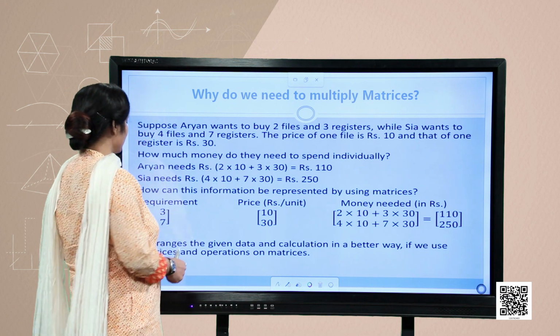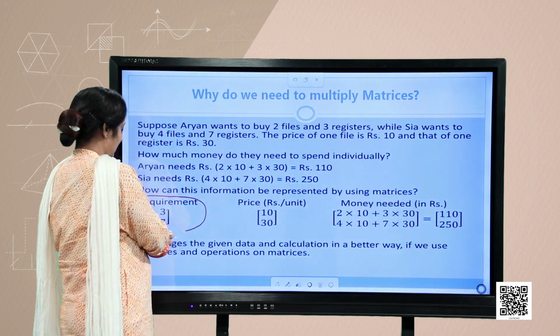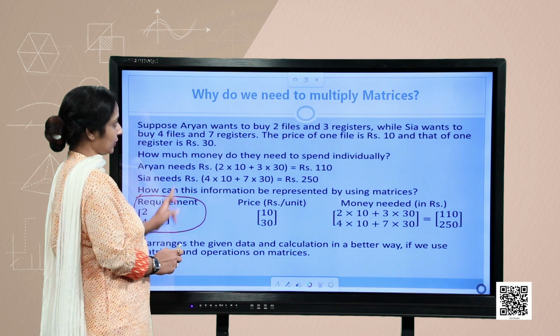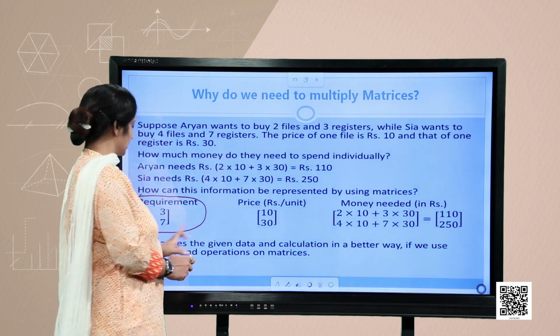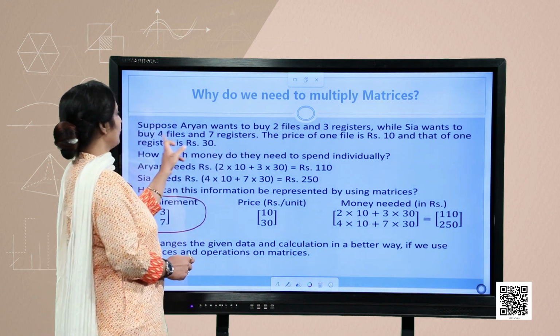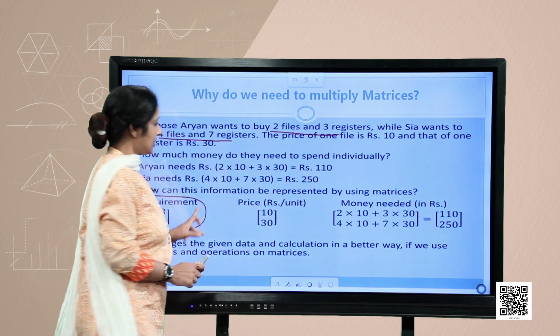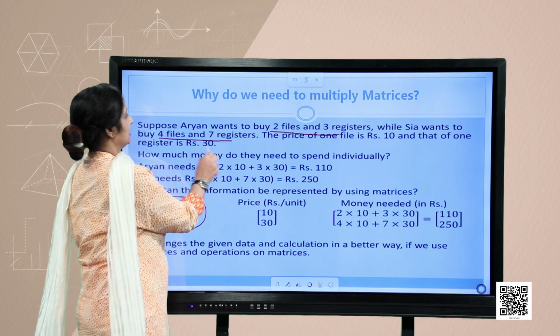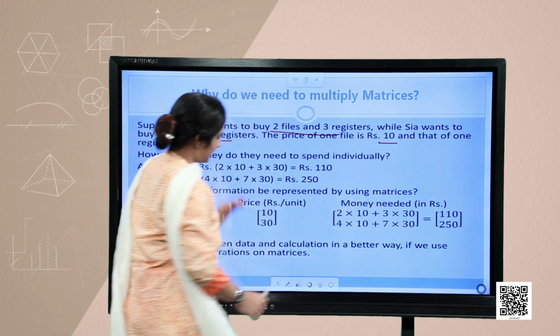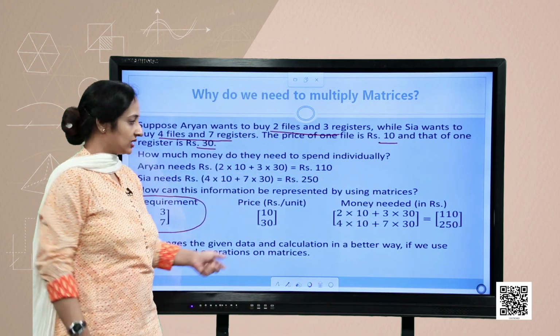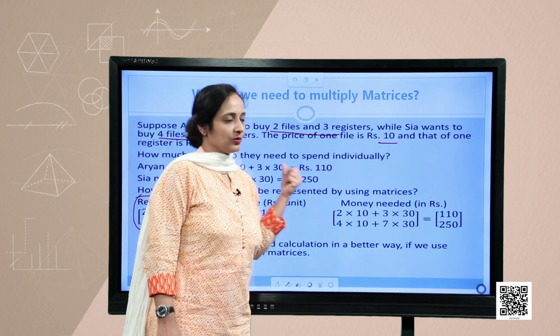Let's make one matrix of requirement: 2, 3, that is 2 files and 3 registers, and 4, 7, that is 4 files and 7 registers. Then the prices, 30 rupees and 10 rupees, have also been written sequentially. Money needed, how much they require.